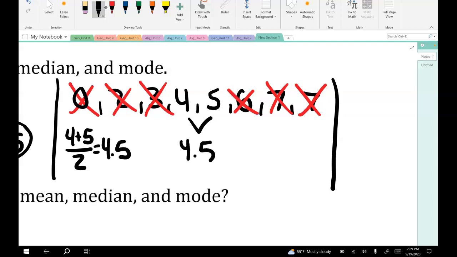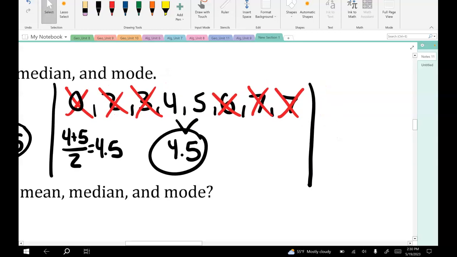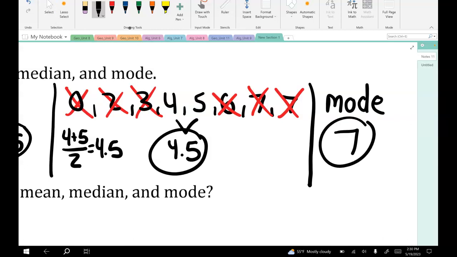So our median here is 4.5, and that makes sense because the exact middle between 4 and 5 is 4.5. And then our mode stays at 7, because that's still the number that occurs most often.